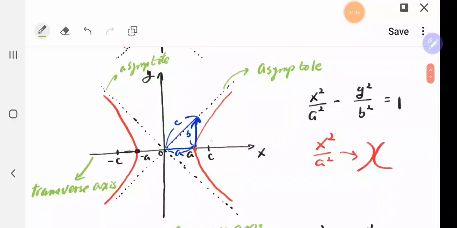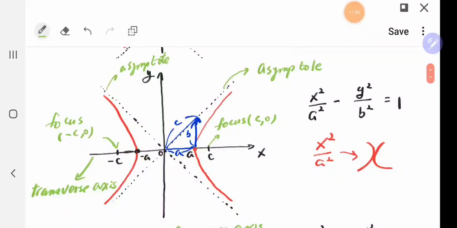Okay, so here, let me write the vertices. This is focus 1. The focus is x equals c, y equals 0. This is another focus, x equals negative c and y is 0.